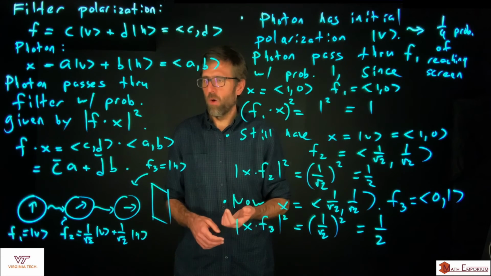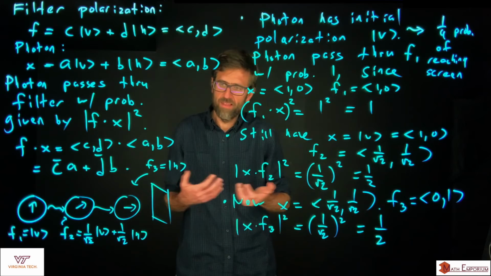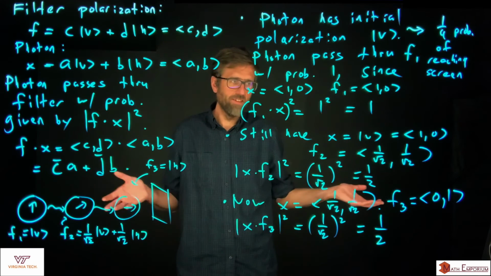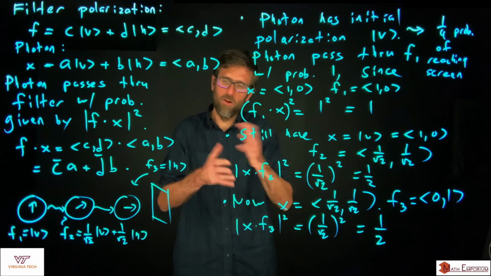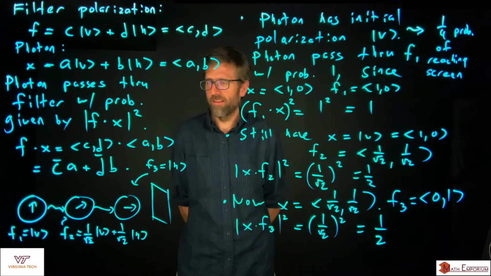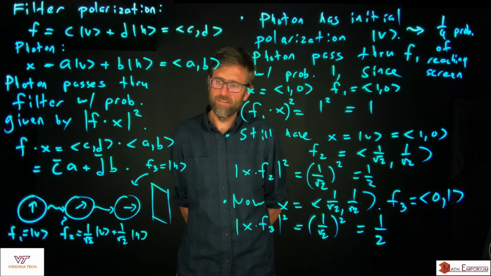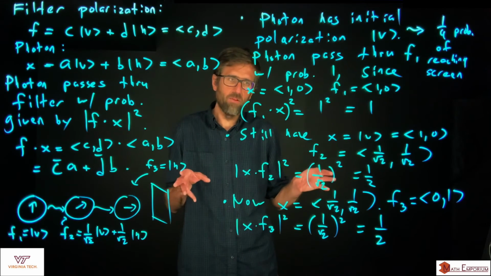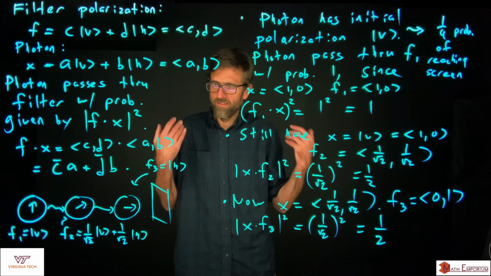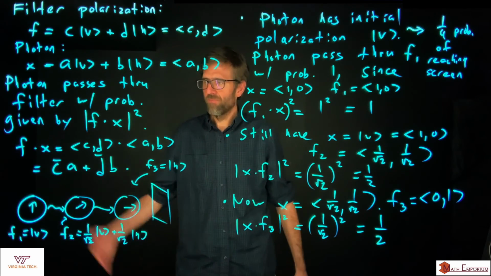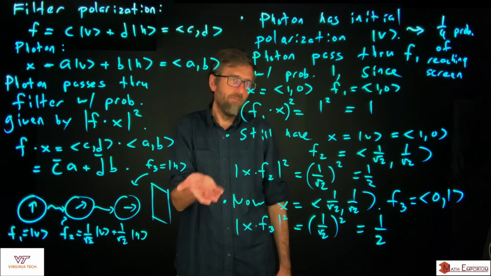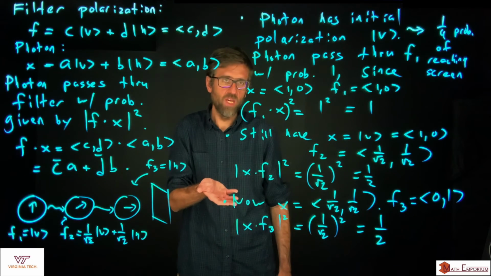A couple things to take away. Maybe the explanation is a little bit mundane, a little bit of a letdown from this sort of paradoxical looking phenomenon. But one thing to note is that what's going on here is non-deterministic. If you have any particular photon, you can't say with any certainty whether that photon will get through or not.